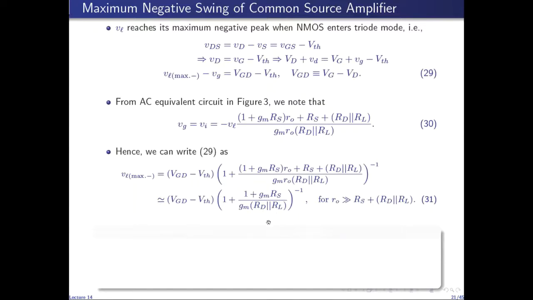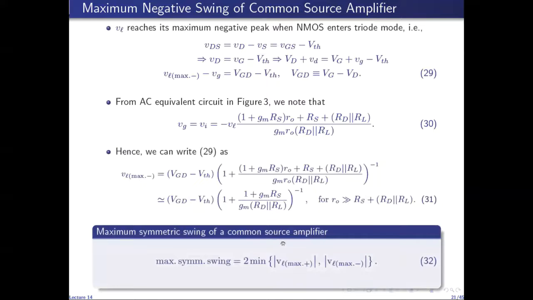So having found VL maximum positive and VL maximum negative, we can take the magnitude and then multiply the minimum of the two with the factor of 2 to find the overall maximum symmetric swing of common source amplifier.